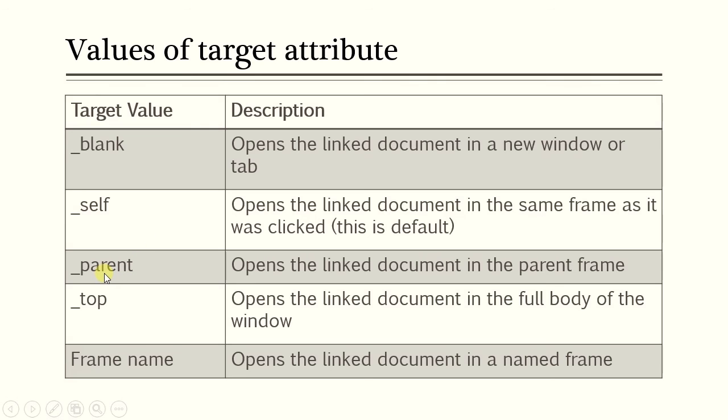If the value of the target attribute is _parent, it means open the document in the parent frame. If the value of the target attribute is _top, it means open the document in the full body of the window.